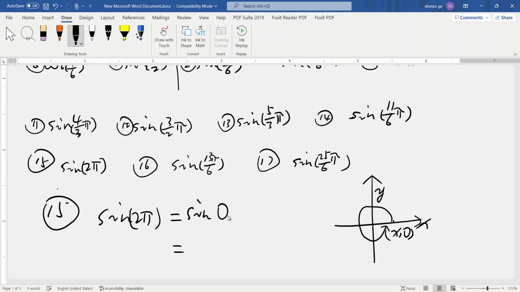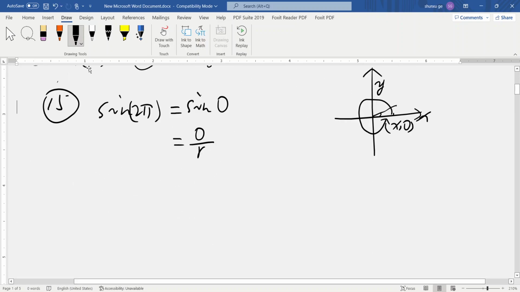So we can write sin 2 pi is equal to sin 0. Pretend the angle here. So y is 0, r, so the solution should be 0.